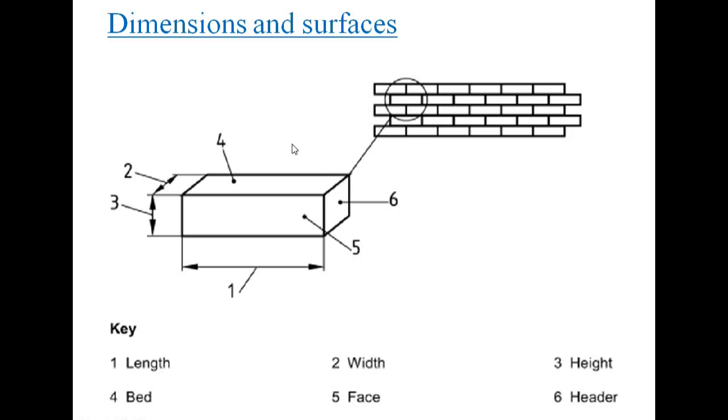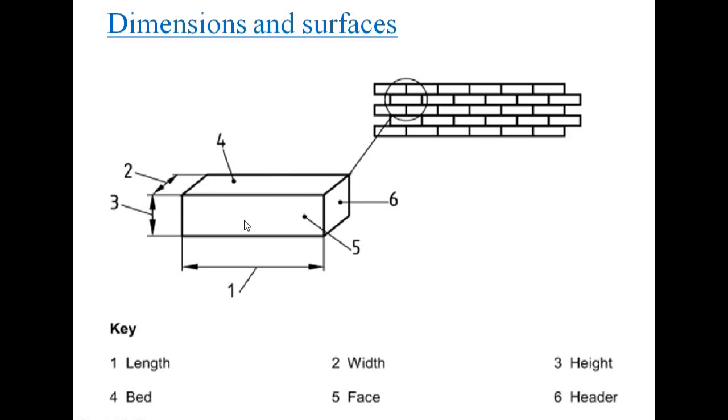In this we have to use abbreviations or notations for the surfaces or dimensions. If we are asked about the length, length should be this one, height should be this one, and width should be this one. If you are asked the size of the bed, you have to multiply width by length. That will be the area of the bed.